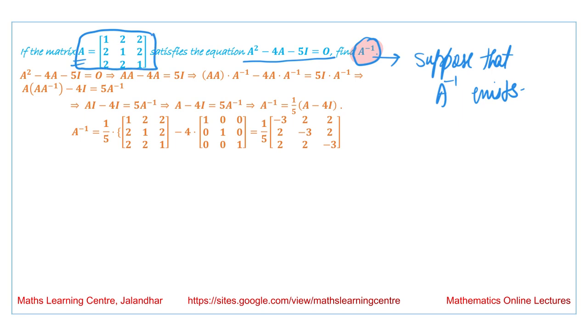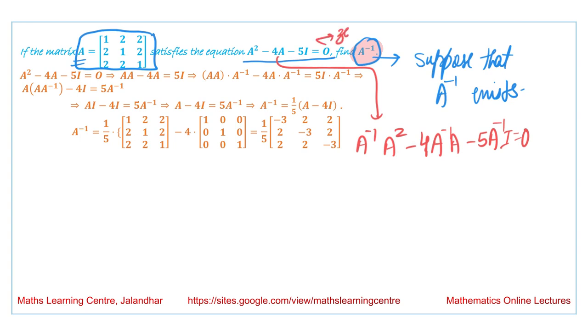So if we multiply this equation with A inverse, we get A inverse into A square minus 4 A inverse into A minus 5 A inverse into I, that is equal to O into A inverse. O is the 0 matrix we are talking about, and we know that if we multiply it with A inverse, the answer we obtain is the 0 matrix again.